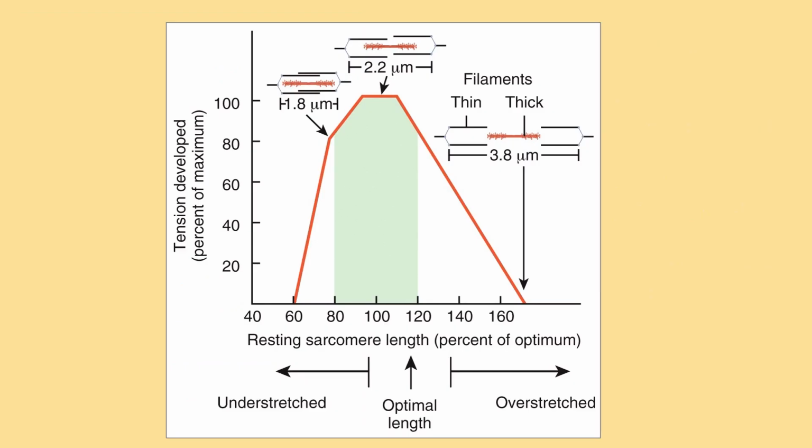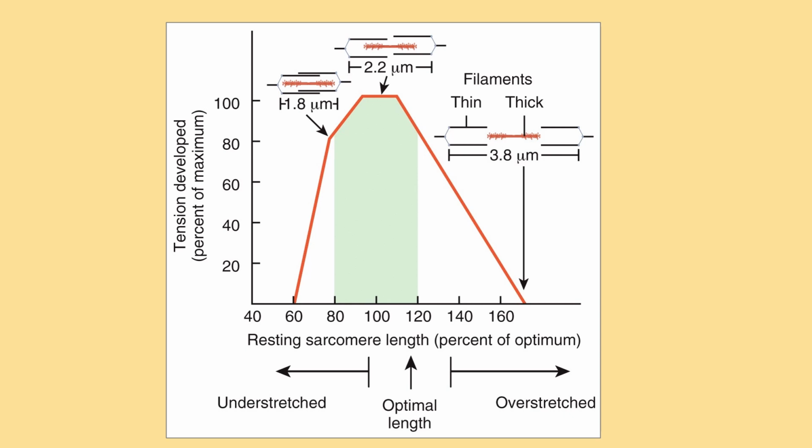So we're looking at a graph of what's known as the length-tension relationship. On the vertical axis, we see tension developed, and that's expressed as percent of maximum. So when there's zero tension, the muscle is absolutely not contracting, and when there's 60% tension, that means that the muscle is contracting at 60% of its maximum.